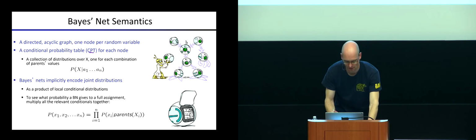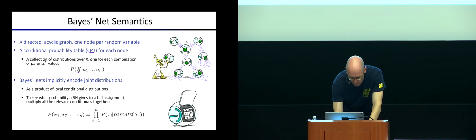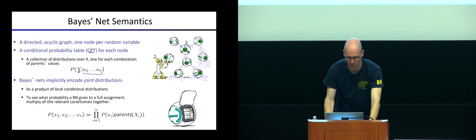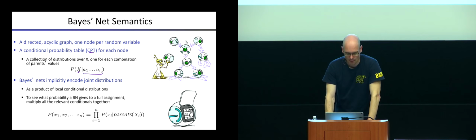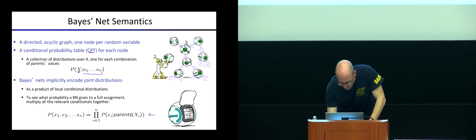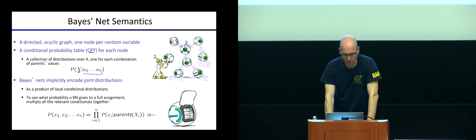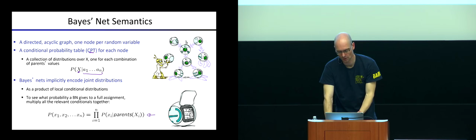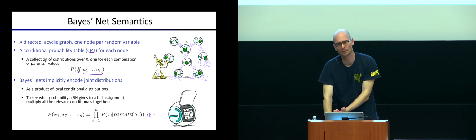That table says what's the probability of this variable given its parent variables? Together, if you multiply all these conditional probability tables together, you get the full joint distribution. So Bayes nets are a way to build full joint distributions by only specifying conditionals given parents in the graph.